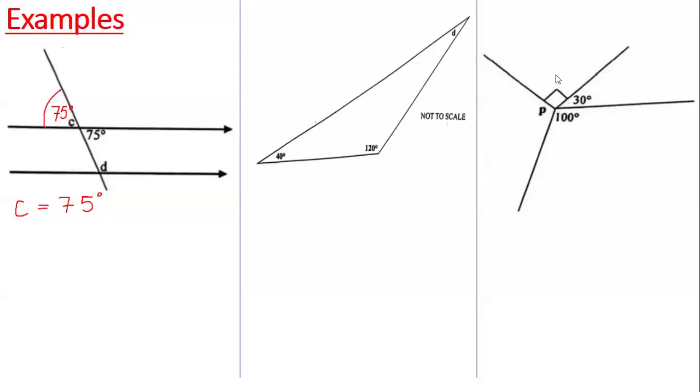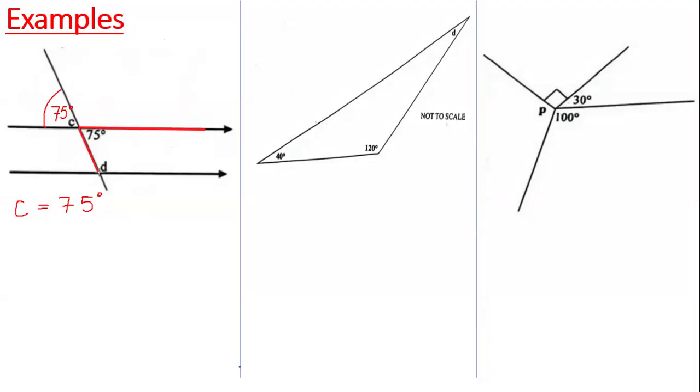All right, so C is equal to 75 degrees. And what is D equal to? 105. So how did y'all get D?